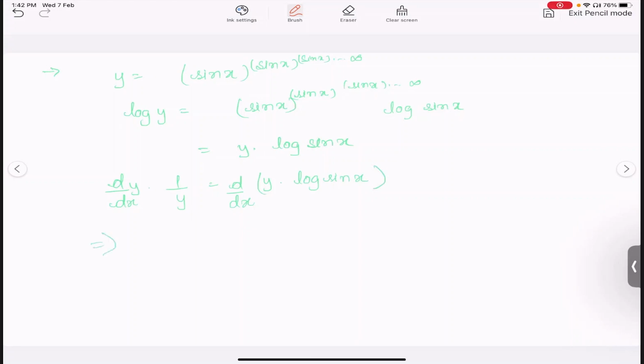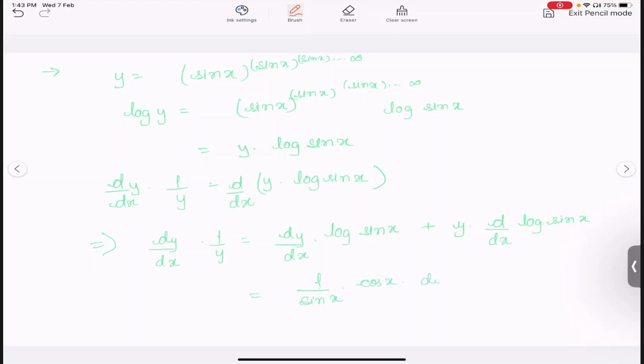So this will become dy by dx equal to the derivative of y with respect to x, that is dy by dx, keeping log of sine x constant, plus y times the derivative of log of sine x, which will be equal to 1 by sine x times the derivative of sine x, that is cos x.